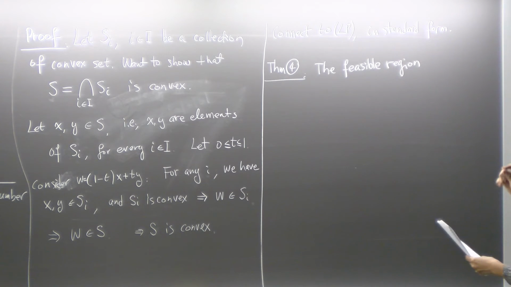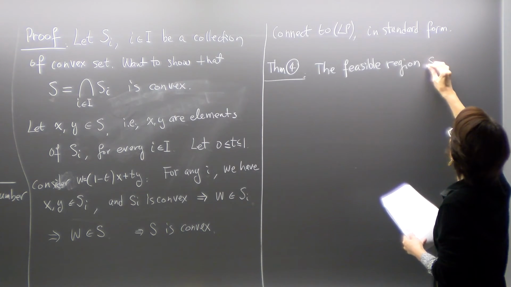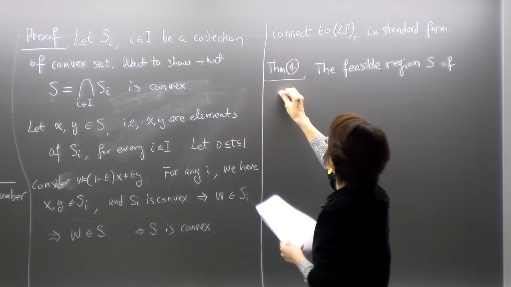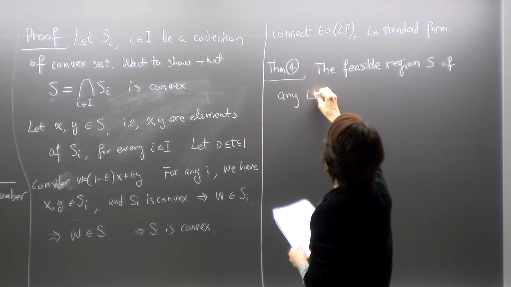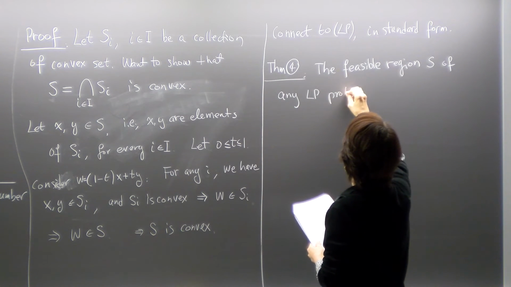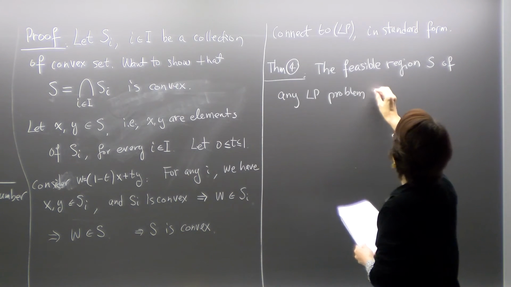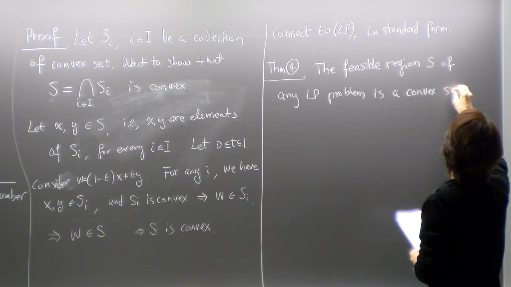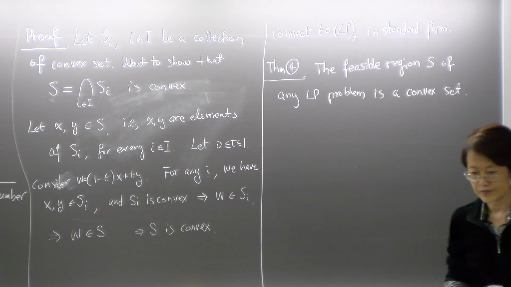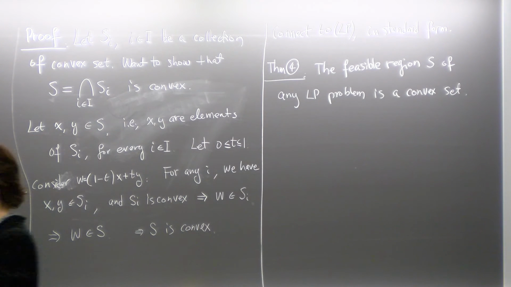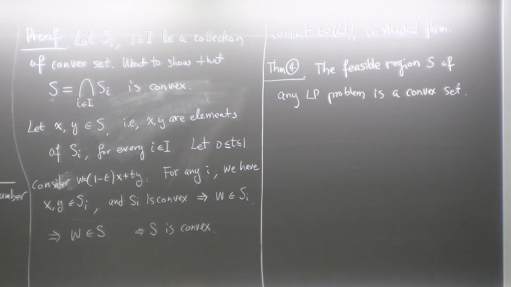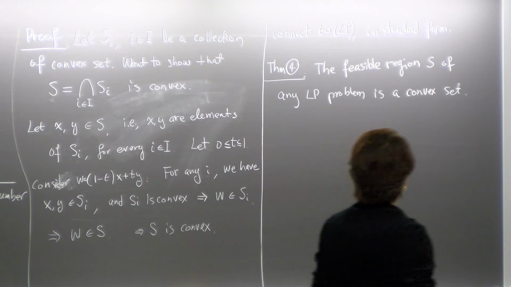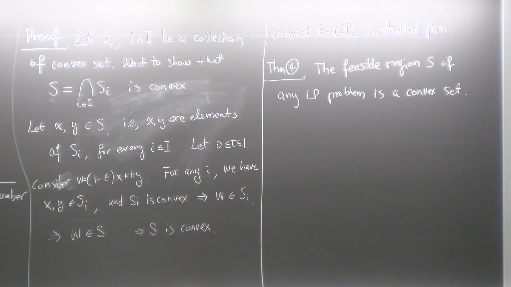Okay, so I'm saying that the feasible region, let's call it S, of any of these linear programming problems is a convex set. This sounds like a pretty grand claim, because it's any of them, right? It's a convex set.